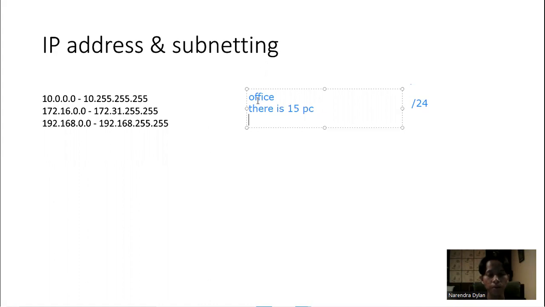From subnetting we can get the IP total, the IP broadcast, the IP network, the IP range and others as we saw before. Okay, first of all, let's find the prefix.